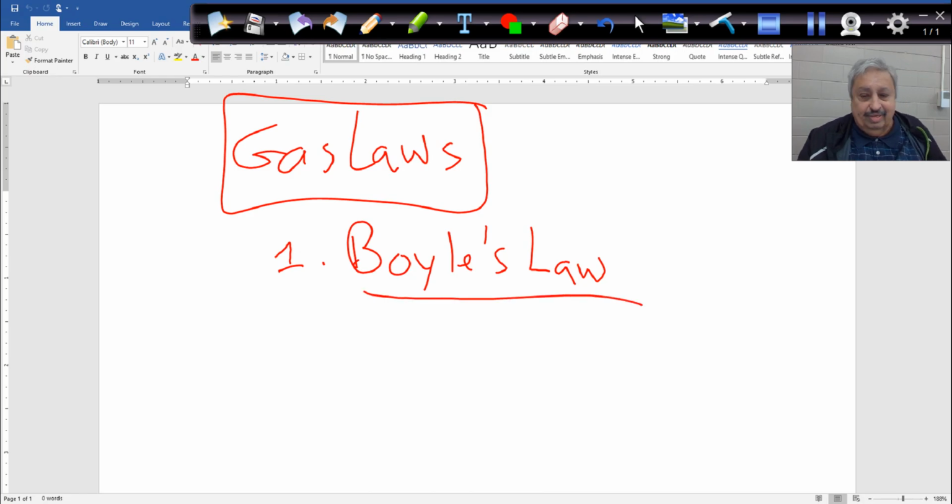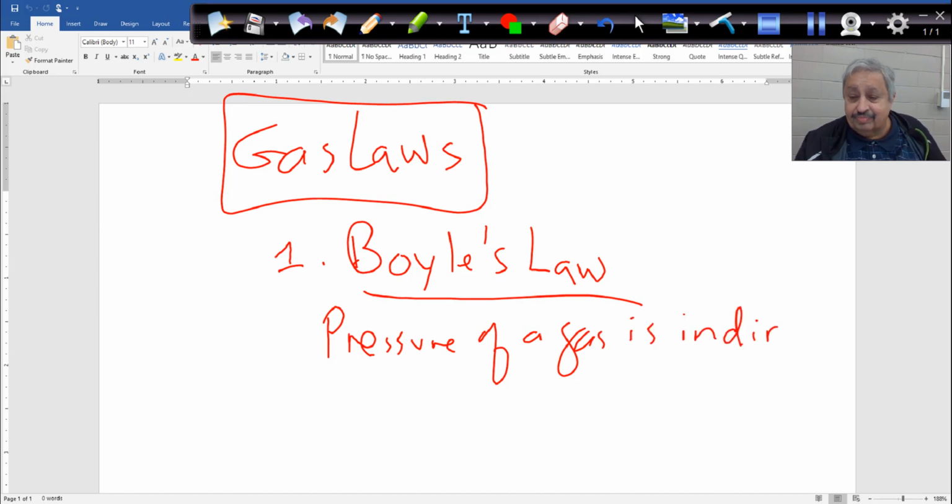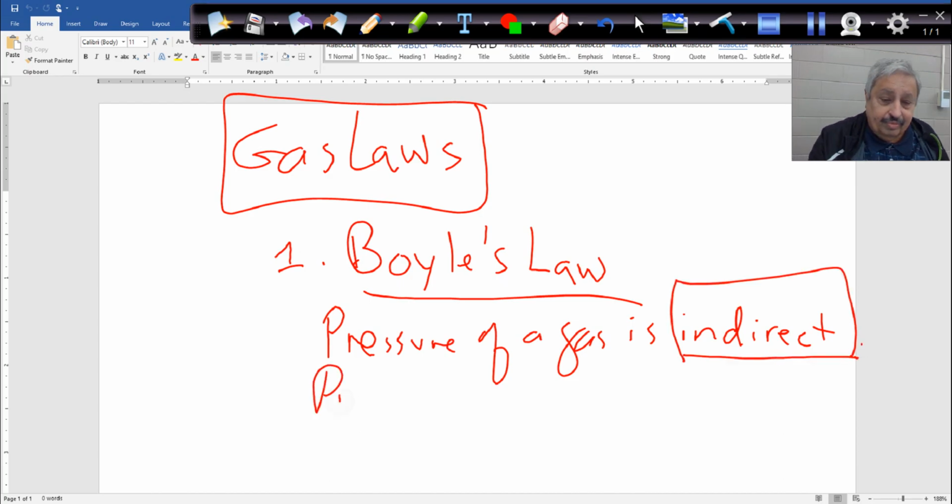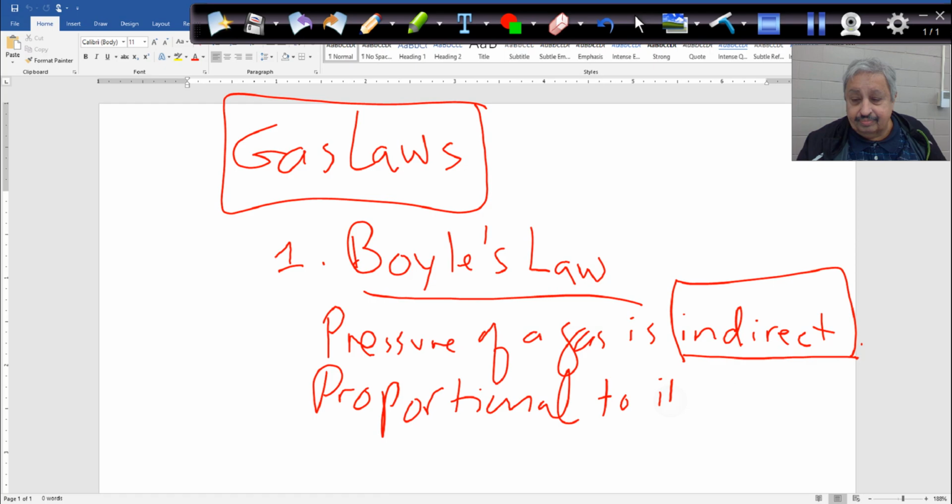So Boyle's law tells us the pressure of a gas is inversely proportional to its volume.